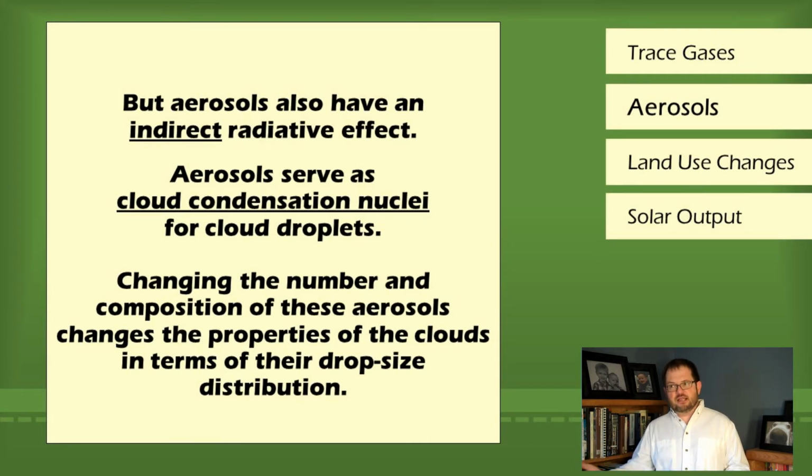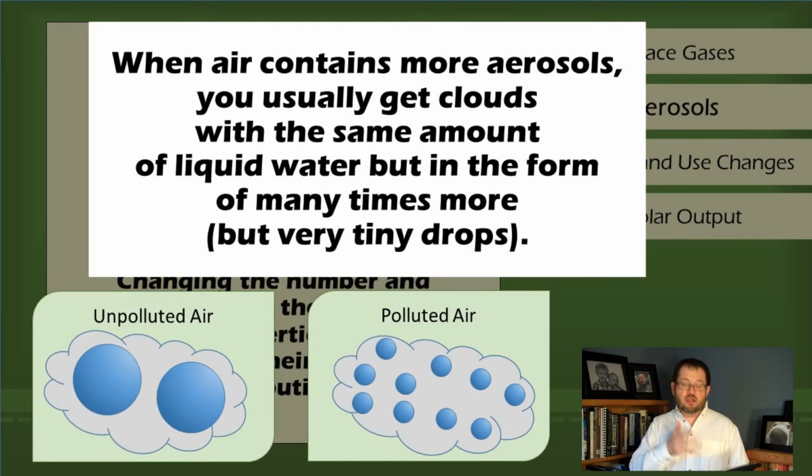It still just looks like a cloud, but when you add more aerosols, you get more drops that are tiny. Cleaner air gives you fewer drops that are bigger. You get a few big drops in unpolluted air and lots of teensy tiny drops in polluted air, and the size of the droplets in a cloud has a lot to do with its radiative properties.